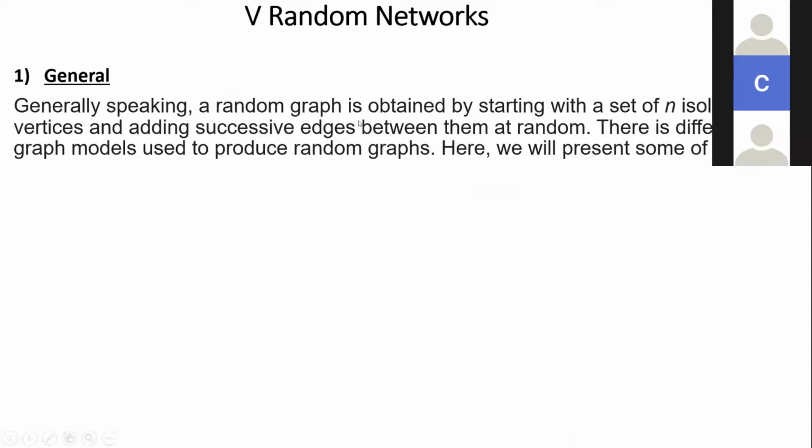So a random graph is obtained by choosing n nodes and adding successive edges between them at random.